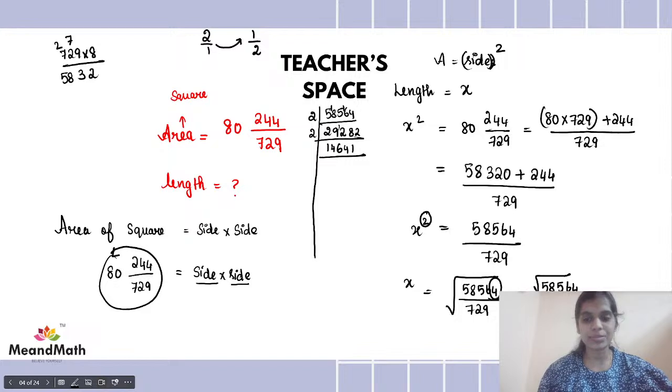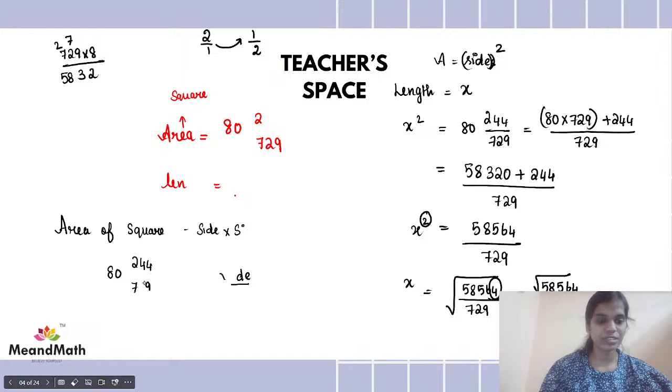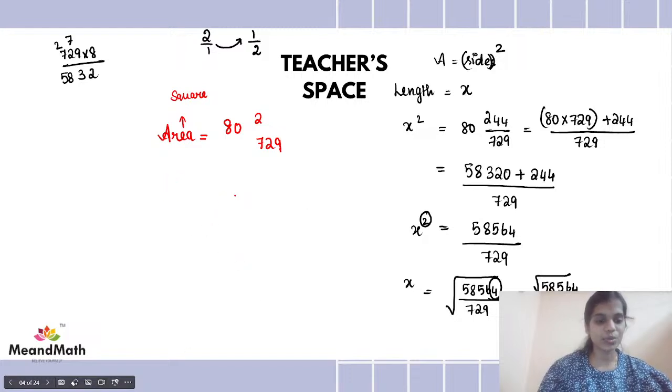So the square root of 58564 is nothing but square root of, okay, I will write it here. Okay, x is equal to square root of 58564 divided by square root of 729.